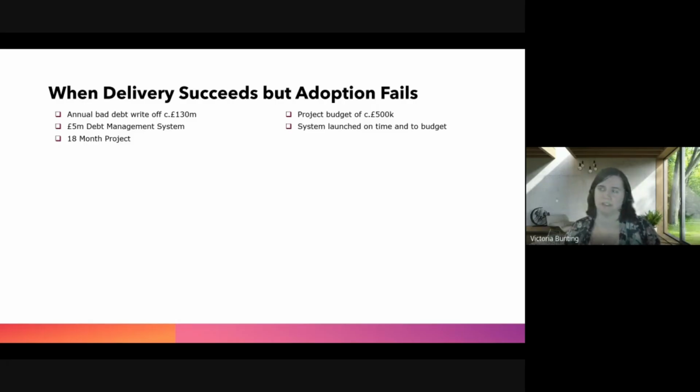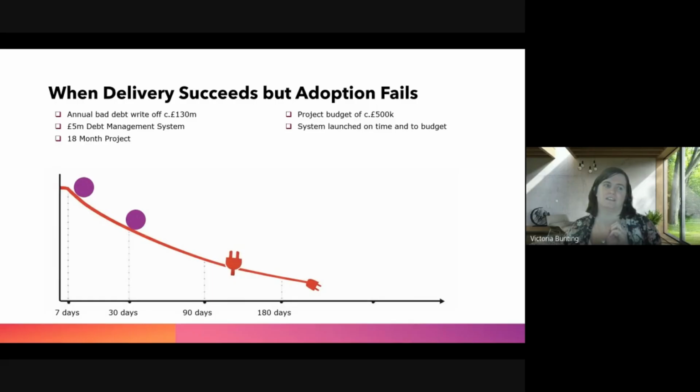But the adoption told a different story. From day 7, 50% of users were accessing that system. By day 30, that had dropped down to 10% of users. By day 90, there were zero active users in the system.